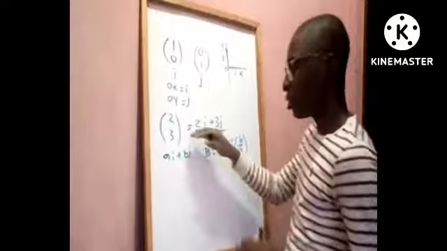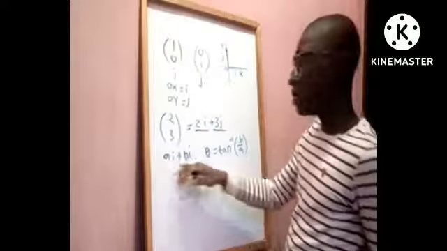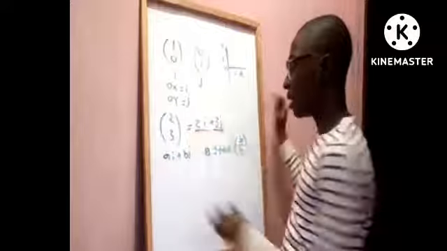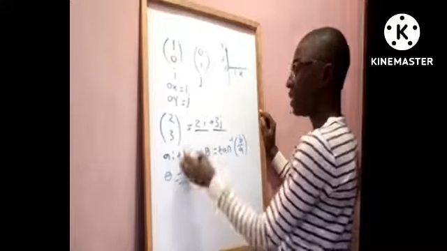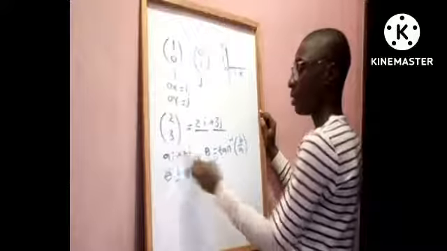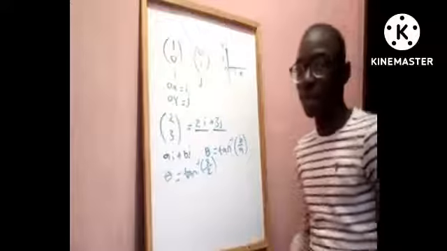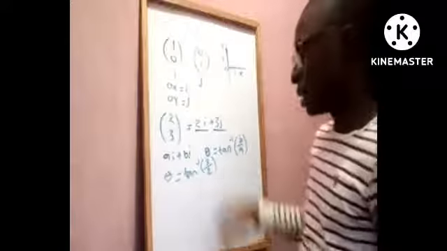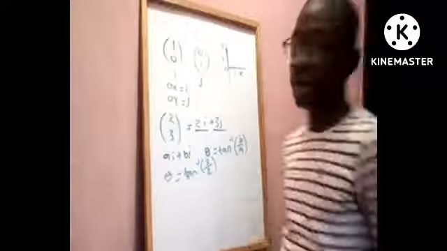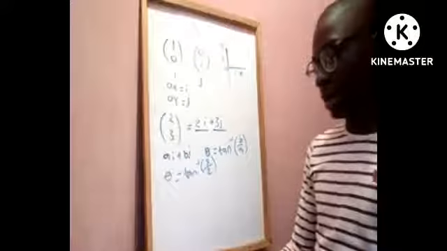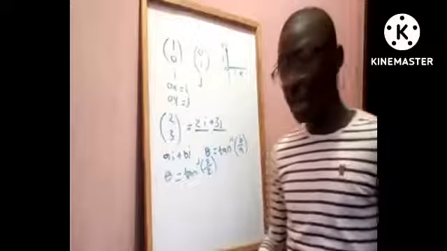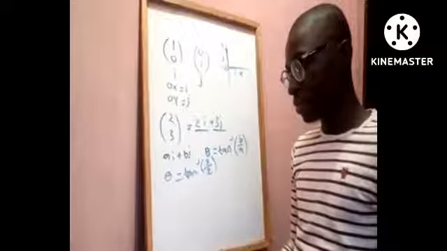So for this one, if we replace a and b by 2 and 3, for this particular vector the angle it makes to the x-axis will be tan inverse of b, which is now 3, over a, which is 2. That's tan inverse of 3 over 2. That would be the answer. So you just evaluate that and you get the angle that a vector makes with the x-axis. It's often required, and it's also known as the argument of a vector.